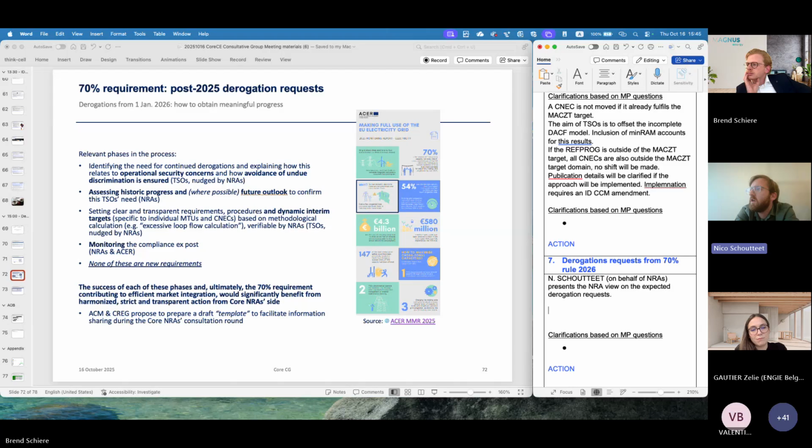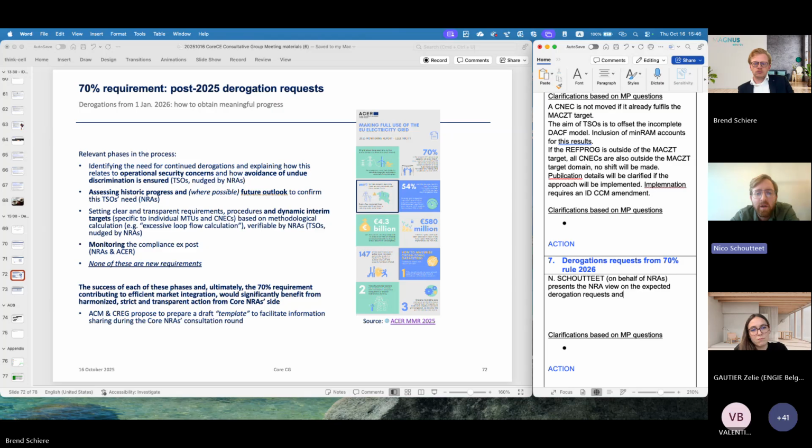In theory, it's not impossible to just state in a derogation request that you cannot guarantee the 70% for whatever operational security reason, and then provide an alternative which applies in any case on any network element under any kind of operational security concern for any specific market time unit. We want to avoid that.